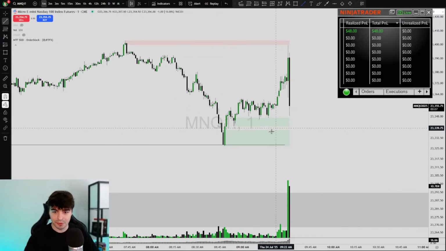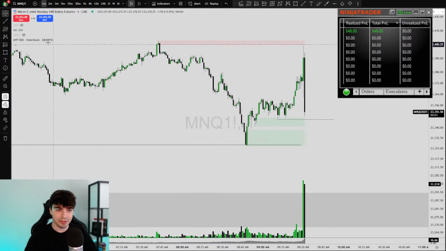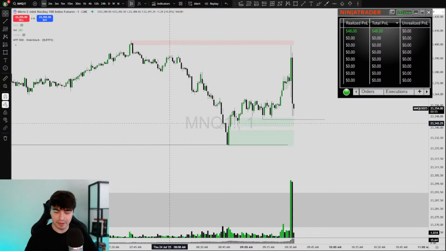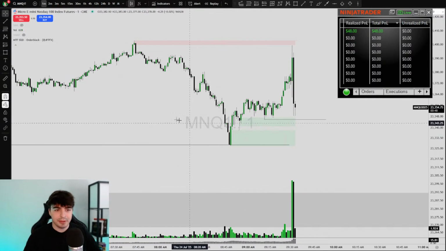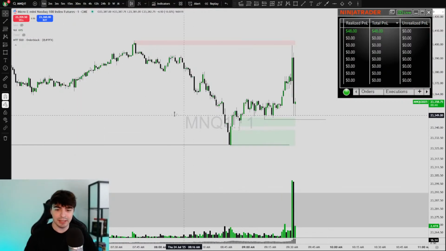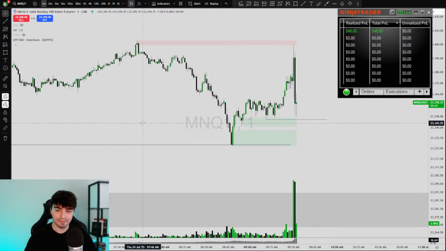Okay, so we do have an order zone right here. By the way, this indicator that I'm using, just look at it right here. This is the only indicator that I've found so far that seems to actually identify the supply and demand areas quite well, the way that I would. So I'm testing it out this stream. I'm not going to rely on it fully, obviously, but sometimes I'll miss a zone because I just don't see it to the left.